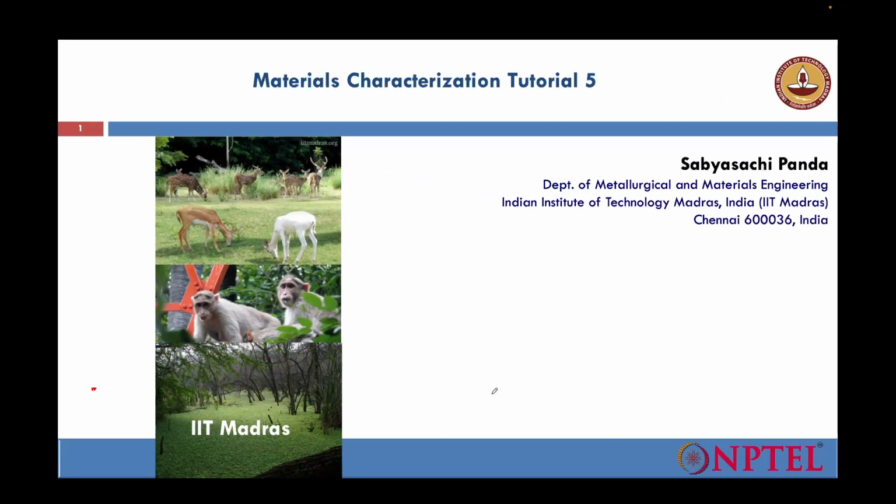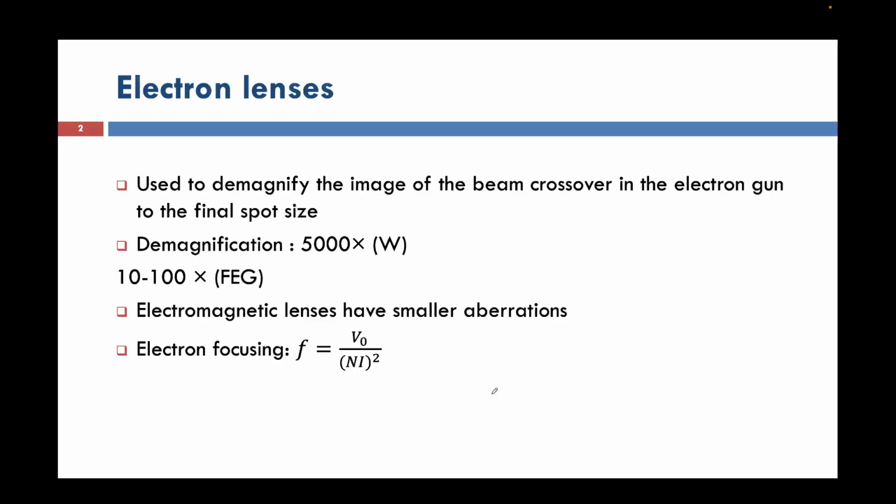Welcome everyone to this fifth tutorial session on the course of materials characterization. Basically in the last week we were discussing the electron lenses, what the electrostatic lenses and electromagnetic lenses are, and why, instead of the electron beam going in a straight path, they diverge from their path and take a helical path.